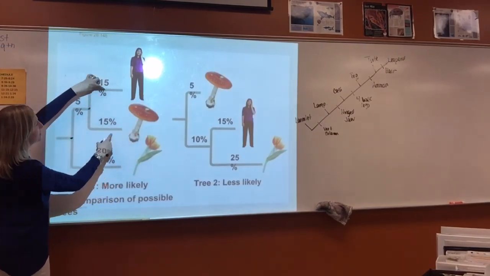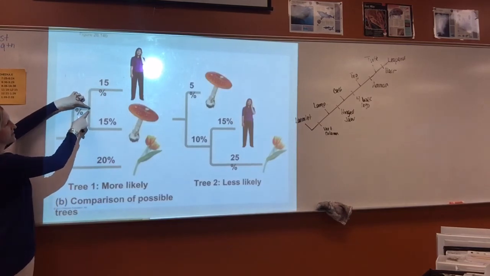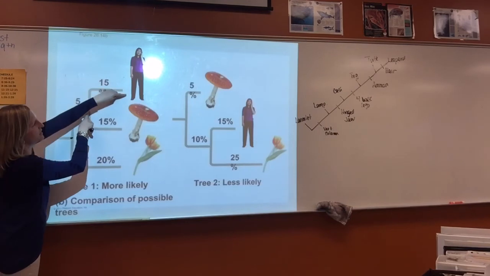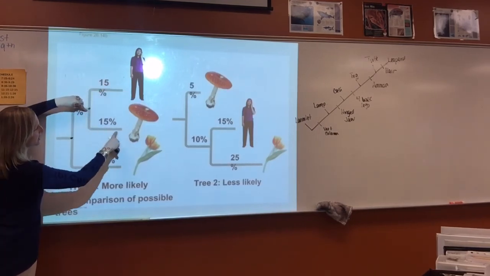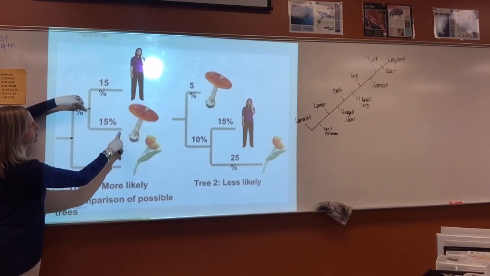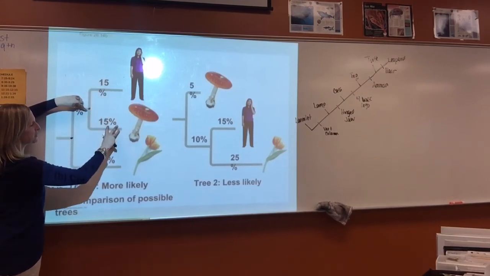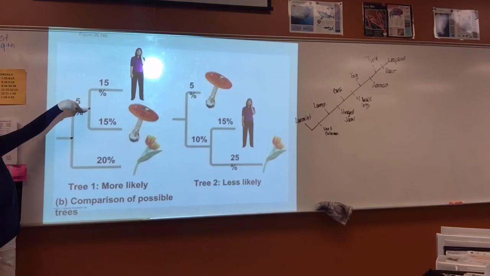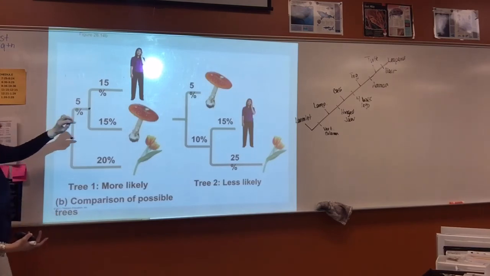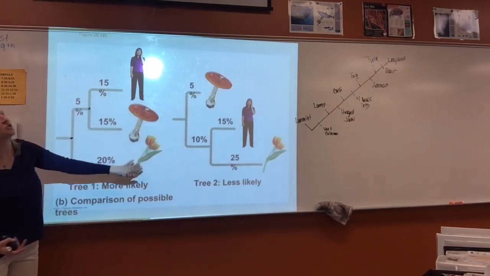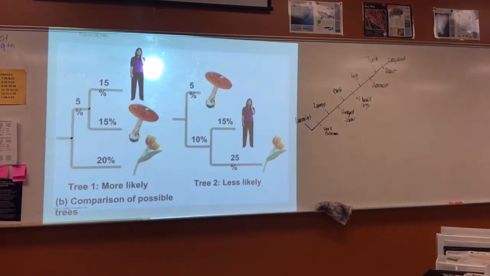If we go back to the human and the mushroom's common ancestor here, between this DNA and the human, there's a 15% change. Between this and the mushroom, there's a 15% change. So 15% change here, 15% change here. So we have a 30% difference between the human and the mushroom. Then when we look at, let's say, human and tulip, what percent change should we have just looking at this?